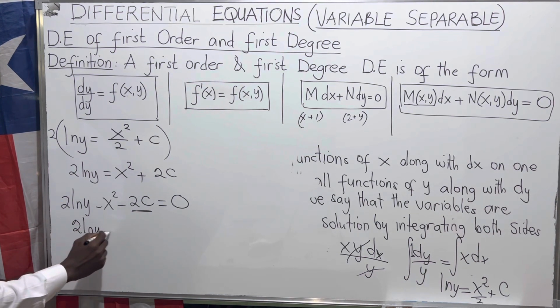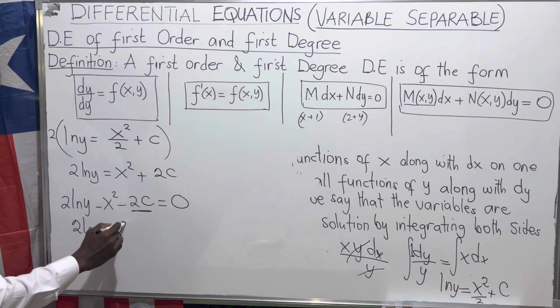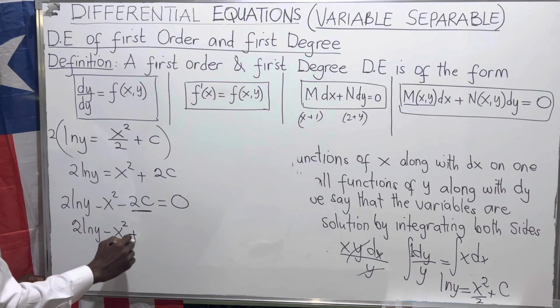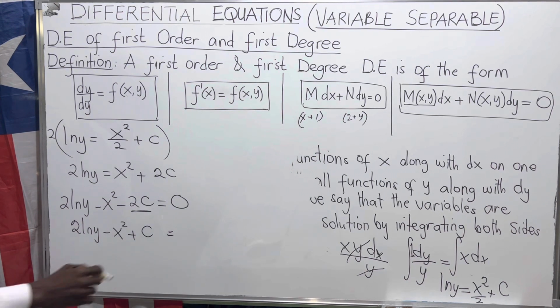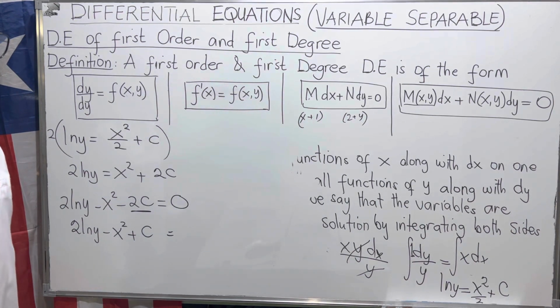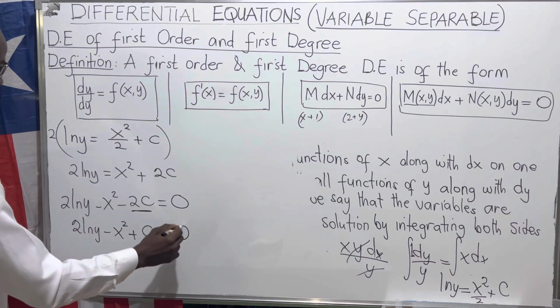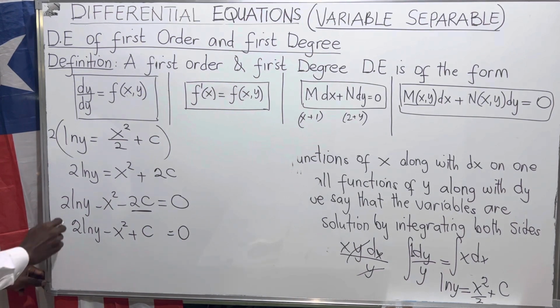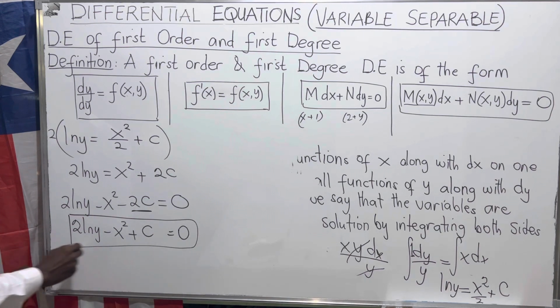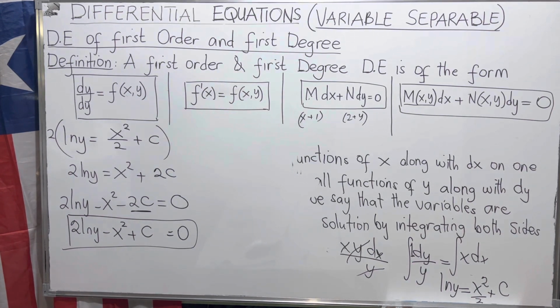Ln of y is equal to minus x squared plus c, because minus c or plus c is still c, the arbitrary constant, equals 0. So this could be your general solution, or you can further reduce it by raising e to the power of y and further reduce this problem. But this is your general solution.